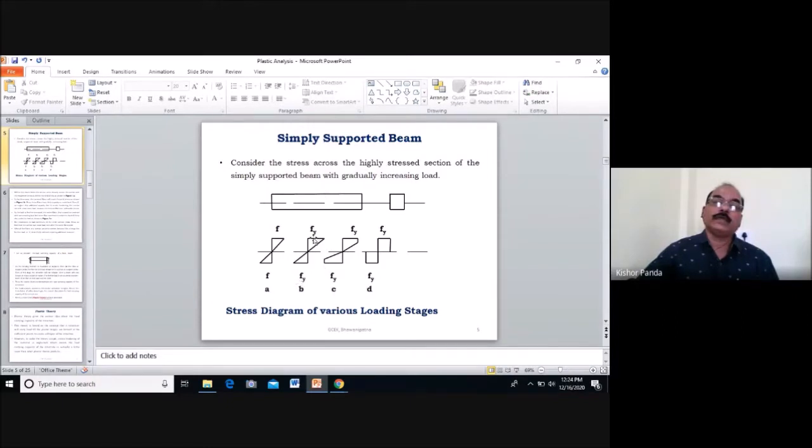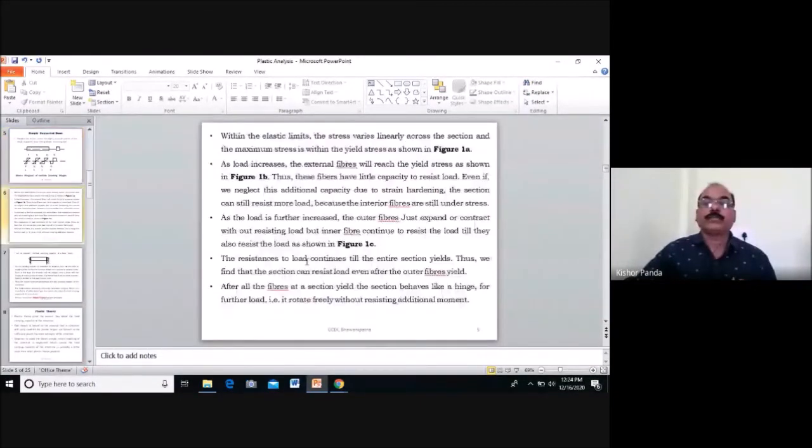Here the outer fiber is yielding, but the interior fiber is still under stress. When you increase the load once again, the resistance to load continues till the entire section yields. Thus, we find that a section can resist load even after the outer fiber yields. But in the working stress method, you consider the yield stress for design.